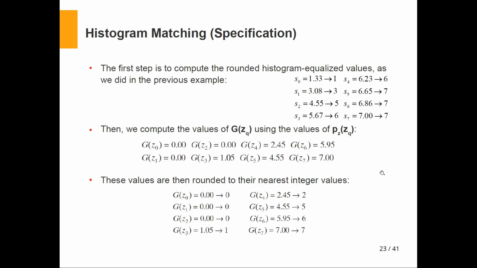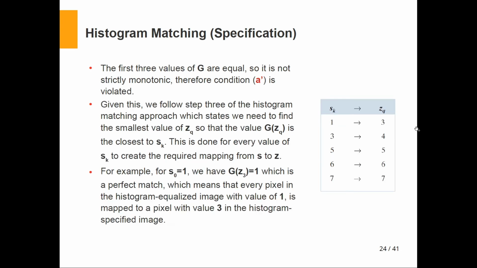So now that we have these two mappings, then we need to find the mapping between sk and zq. So the first three values of g are equal, so it's not strictly monotonic, therefore condition A prime is violated. But given this, we follow step 3 of the histogram matching approach, which states we need to find the smallest value of zq so that the value of g of zq is closest to sk.